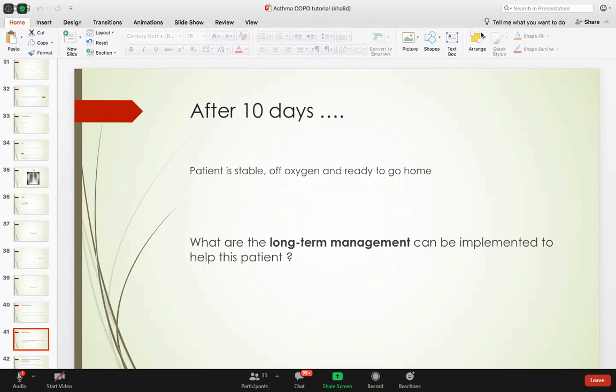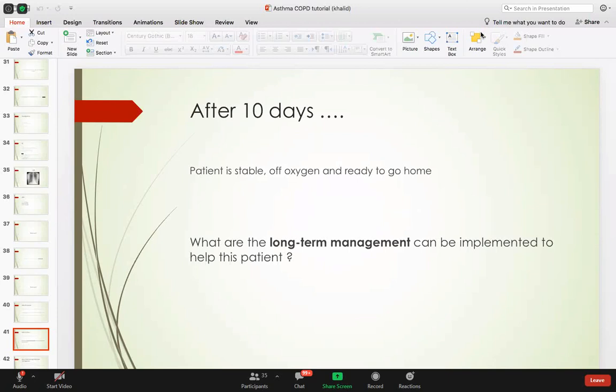So vaccination has to be up to date, for example annual influenza vaccination and also pneumococcal vaccination. Long-term oxygen therapy should be considered in someone hypoxic. And there are actually criteria for when to provide long-term oxygen in someone with COPD.